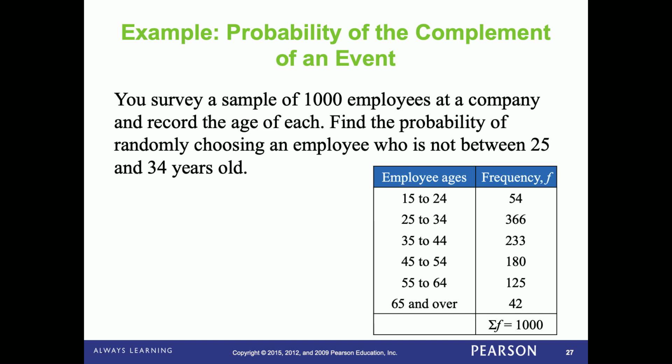But what happens if there were 20 or 30 categories? We know the probability of picking someone 25 to 34 is 366 divided by 1,000. To figure out the complement, we're just going to subtract 1 minus 366 over 1,000, which makes it much easier.